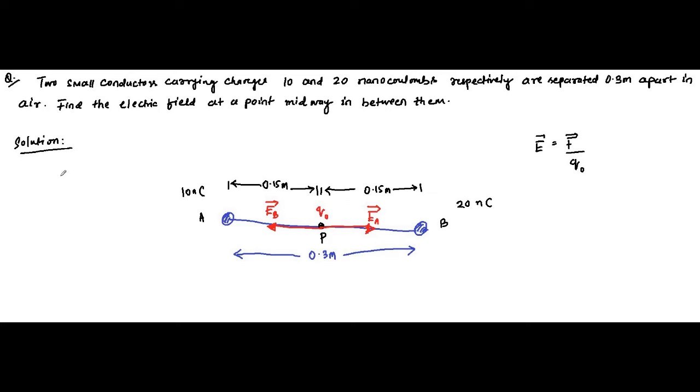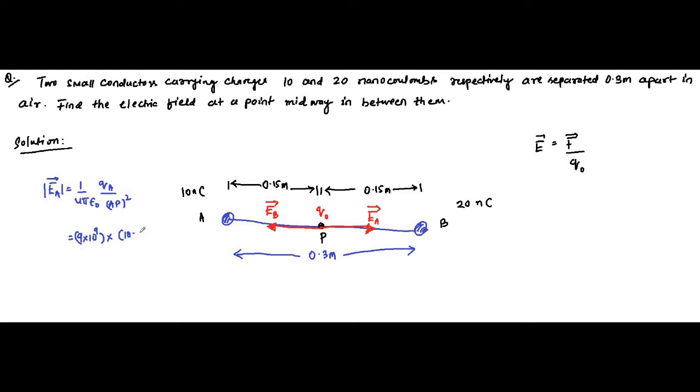So EA vector, I am calculating the magnitude only, is equal to 1 by 4 pi epsilon 0 QA by AP whole square, which is equal to 9 into 10 to the power 9, 1 by 4 pi epsilon 0.